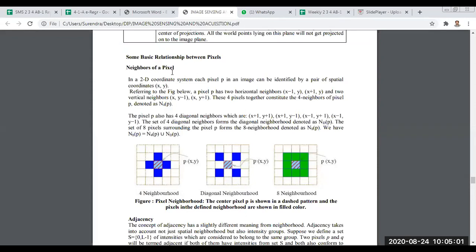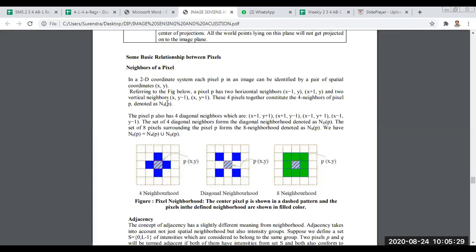In our image processing, we call it the spatial domain or time domain. Frequency domain is different, that is the transformed version. We will see it later in the frequency domain analysis. So in a two-dimensional coordinate system, a pixel is represented with x comma y, either f of x comma y or simply x comma y.